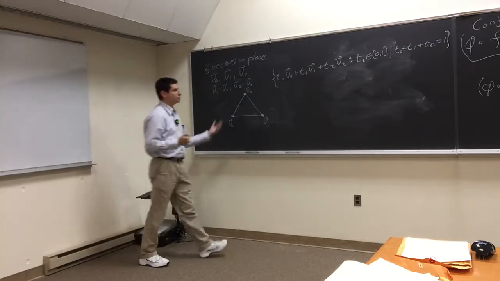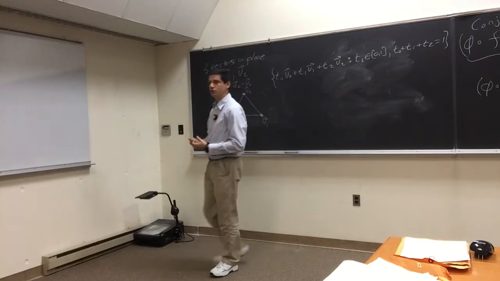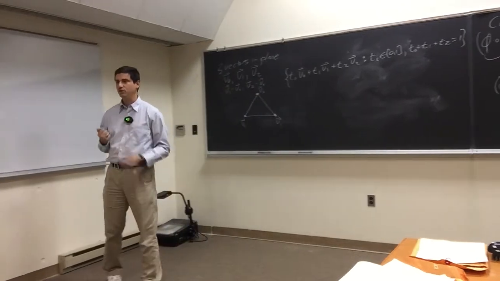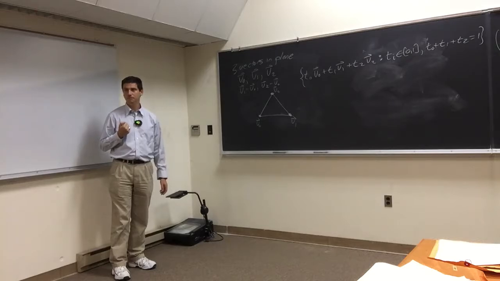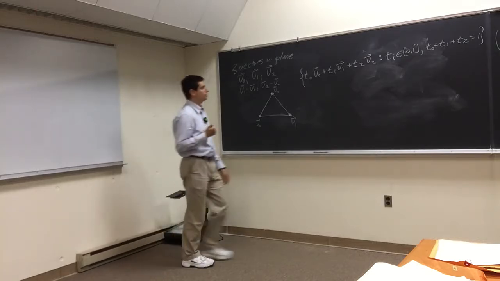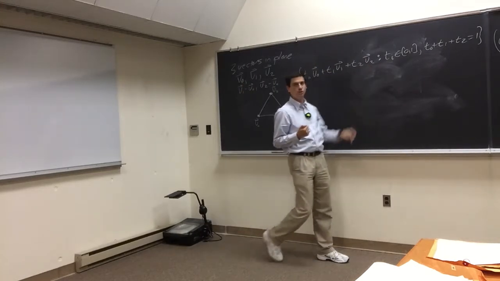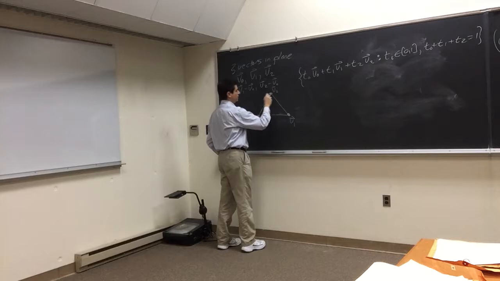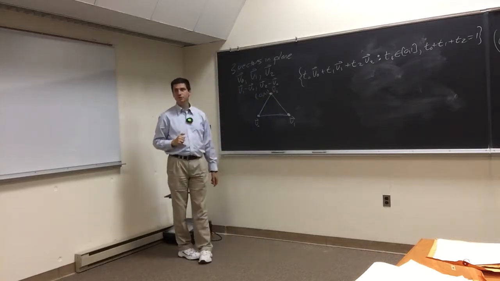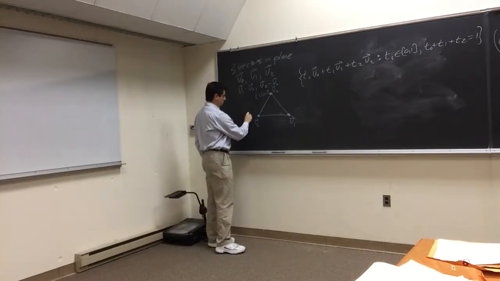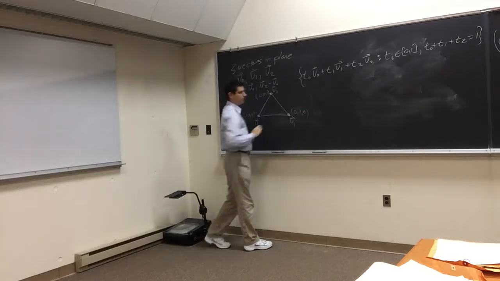Whenever you have something like this, it's always good to look at extreme cases to try to get a sense of what's going on. What would be a good choice for the triple t0, t1, t2? 0, 0, 1. Okay, so if you do 0, 0, 1, that means we have nothing in v0, nothing in v1, and 1 in v2. So that would be the point over here. And similarly, if we do 1, 0, 0, it would be down here. And if we do 0, 1, 0, we would be over here.